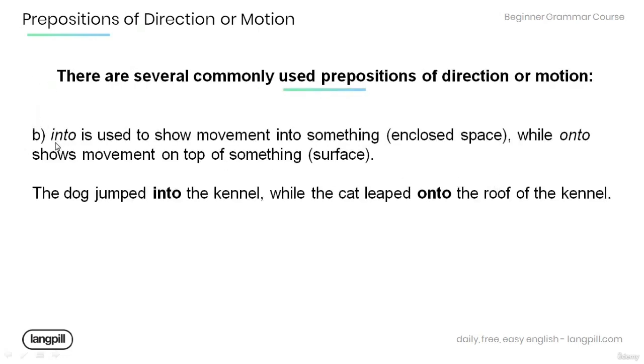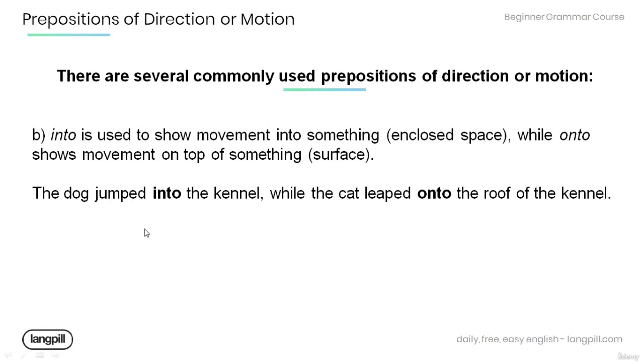B. Into. Now, into is used to show movement into something, an enclosed space, while onto shows movement on top of something, the surface. Have a look at the example below. The dog jumped into the kennel while the cat leaped onto the roof of the kennel.